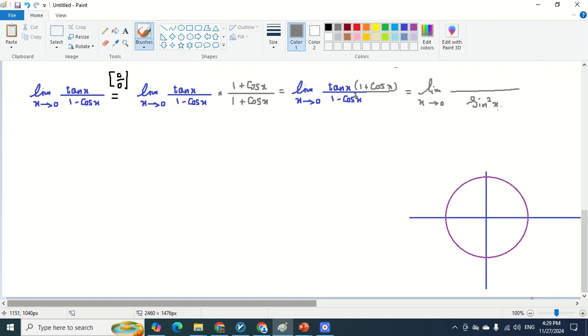And instead of the numerator, we have tangent as sine of x over cosine of x. So I substitute that tangent by sine over cosine of x, and the term 1 plus cosine x remains at the numerator.